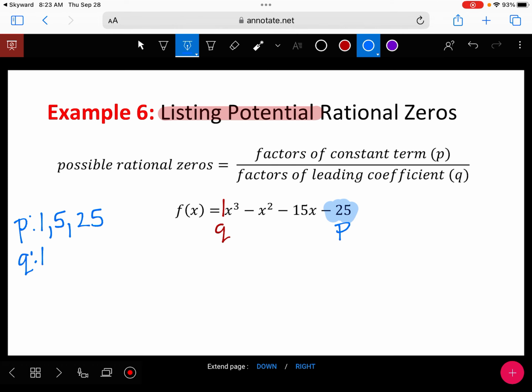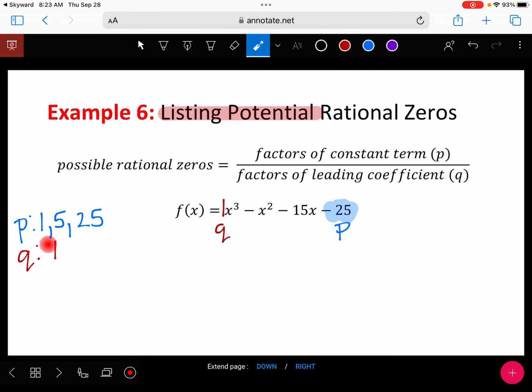So what this tells us is that the possibilities are going to be, let me change that to red. The possibilities will be all of my blue numbers. The possible rational zeros are going to be all of my blue numbers divided by my red number.